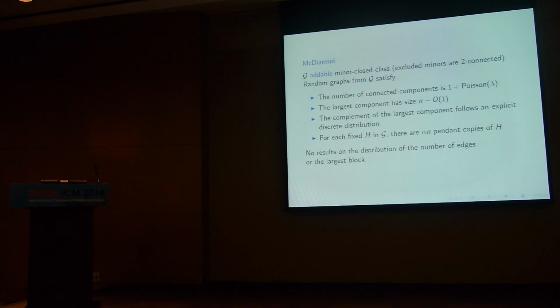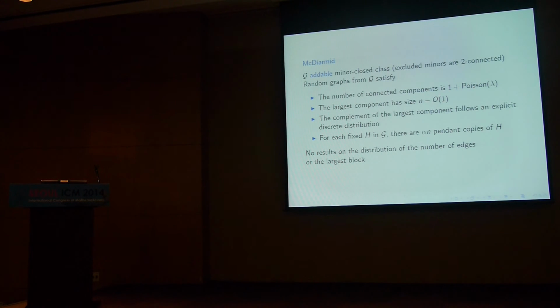As an illustration, let me give you this series of results of Colin McDiarmid, who is now producing a series of beautiful papers on this area. If you take a minor closed class and add some technical condition that Colin calls addable, but just think that the excluded minors are 2-connected, then there are some good results on the structure and number of connected components.